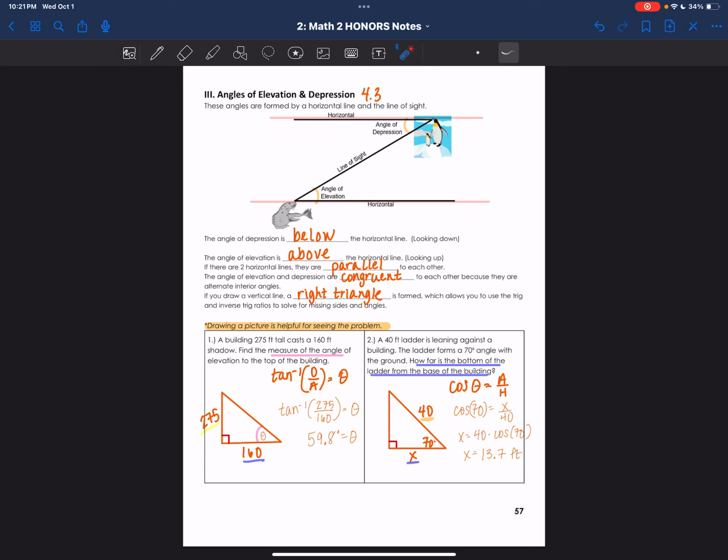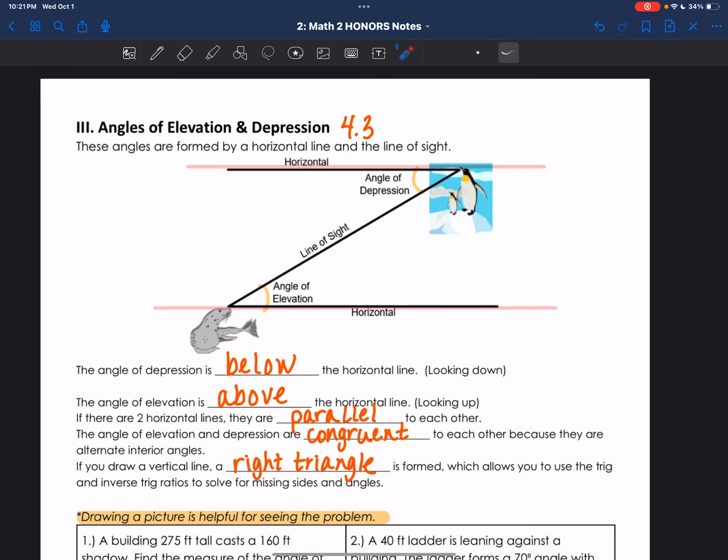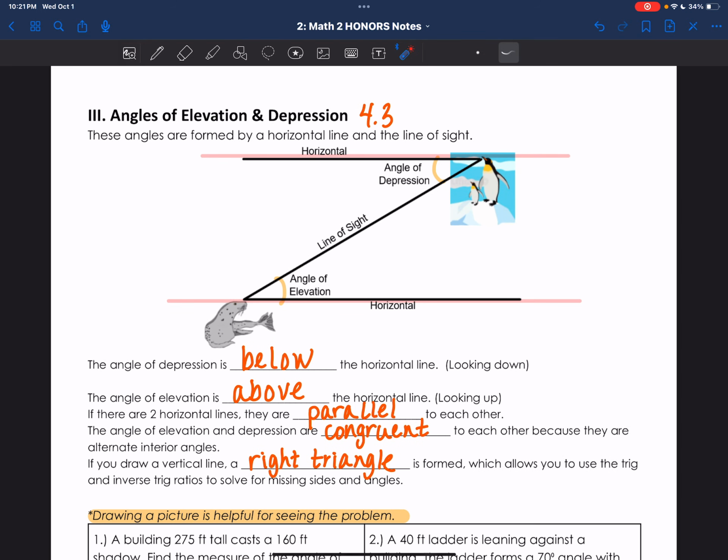All right, today what we're going to talk about are angles of elevation and depression. So when you're doing this, the diagrams that you'll be drawing will typically be some type of parallel line with a transversal. When we talk about the angle of depression, it is below the horizontal line.